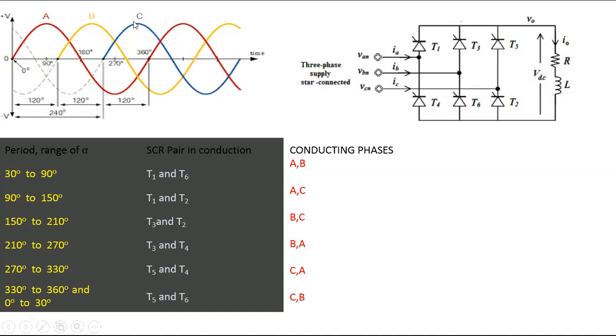Therefore, C is made more positive. Direction of the current starts from the point C, and it flows from C to T5, the SCR it is connected to. From T5 to the load, and from the load to the one which is made more negative. From 330 to 390, which is more negative? B. Okay, so the current flows to B. It's very simple if you understand this logic. The same table you can show in the examination.